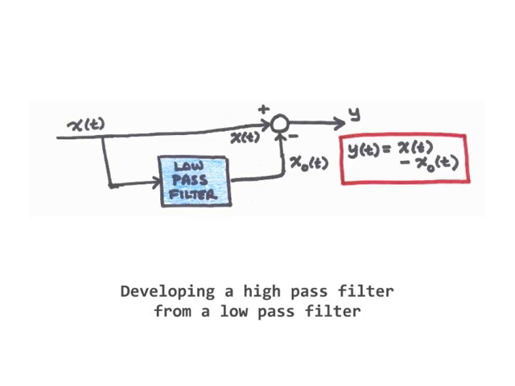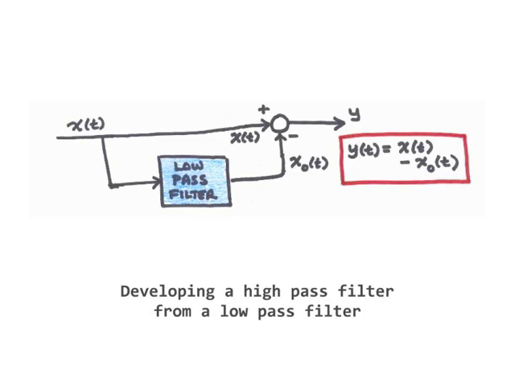This diagram is saying the following. Our input is x of t. X of t travels along two paths. On the lower path, it goes through a low-pass filter to produce x sub 0. X sub 0 is the low-frequency content of x of t. This low-frequency content then is subtracted from x of t. That's indicated by the circle with the plus and minus signs added.